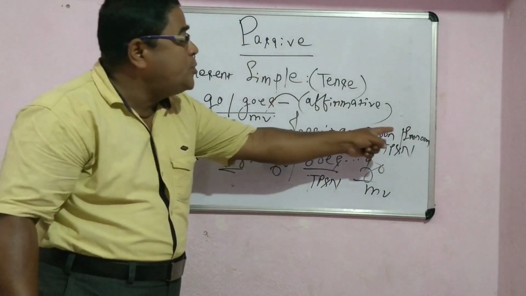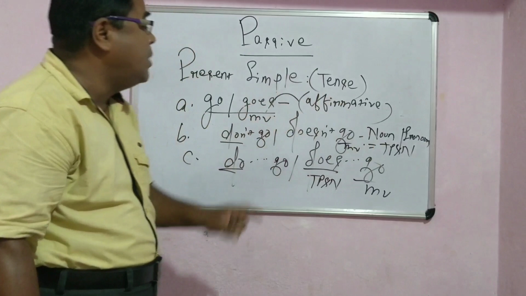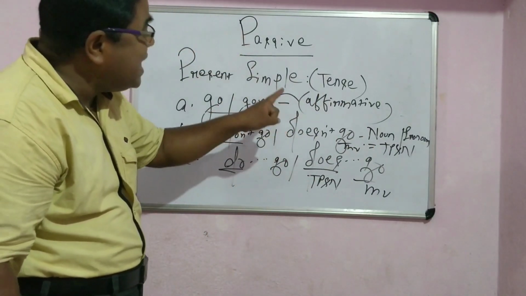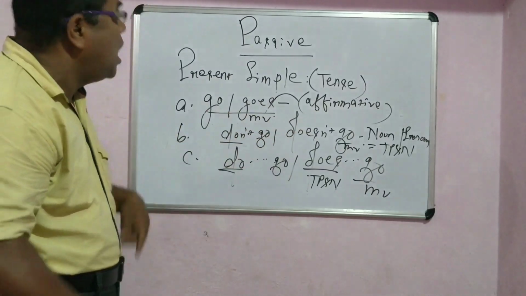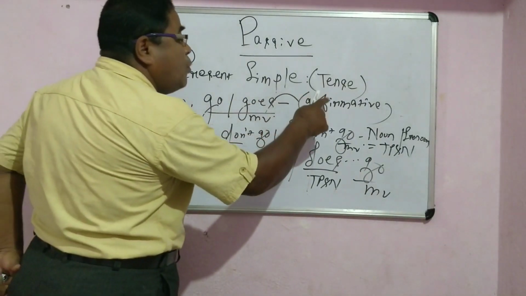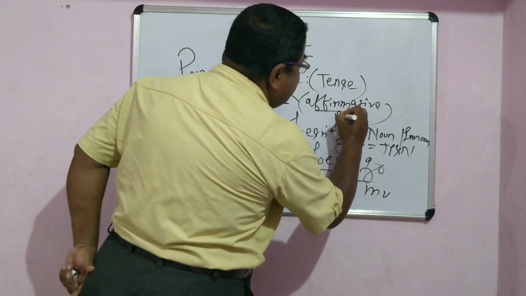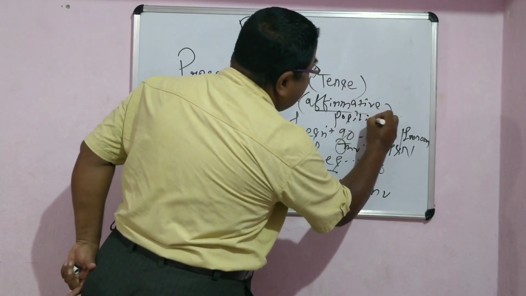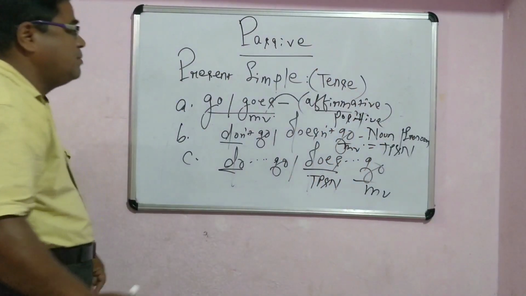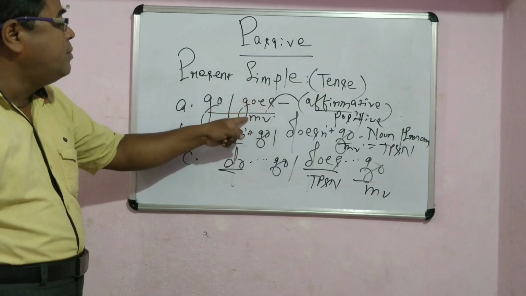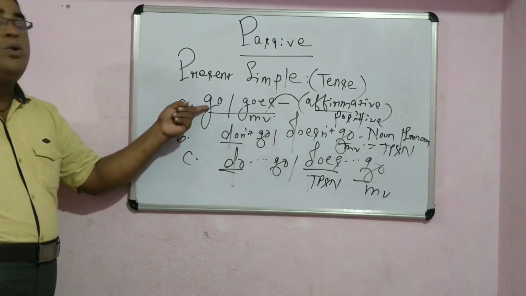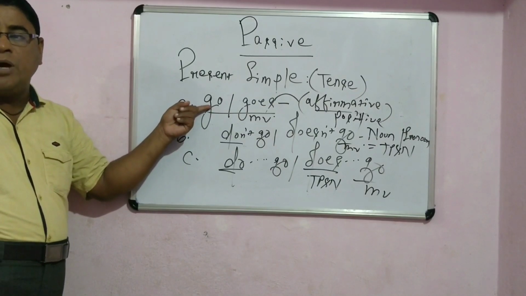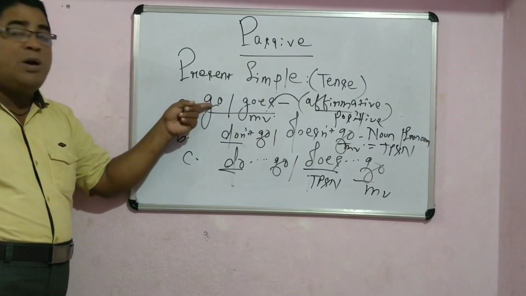If the noun or pronoun is in third person singular number, you have to use does as the auxiliary verb in a negative and interrogative. Otherwise, if the sentence is affirmative, that means positive, which is not a negative, then you can add s to the main verb. And if there is no third person singular number, you can simply use go, that is the base form of the verb, the root form of the verb.